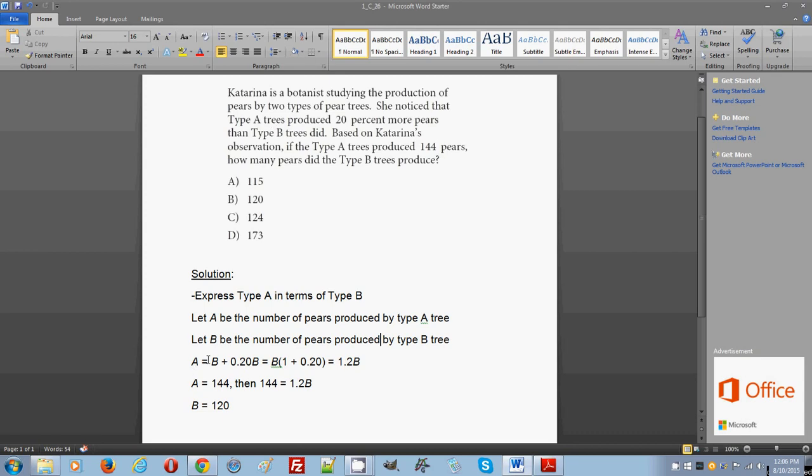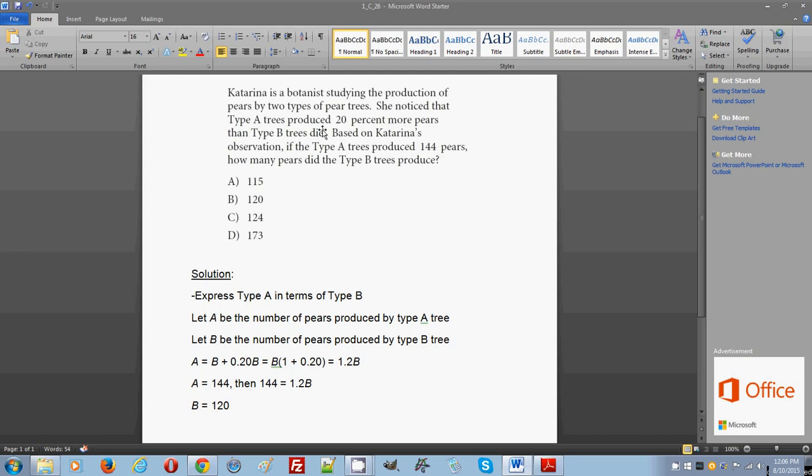So which is why we have, the same thing here, take a look. We have A, the number of pears produced by type A tree, which is the number of pears produced by type B tree, and also an addition of 20% of B as well. So 20% more means at least B, and also an additional 20% of B. That's what it means, and it pertains to the sentence 20% more pears, right?